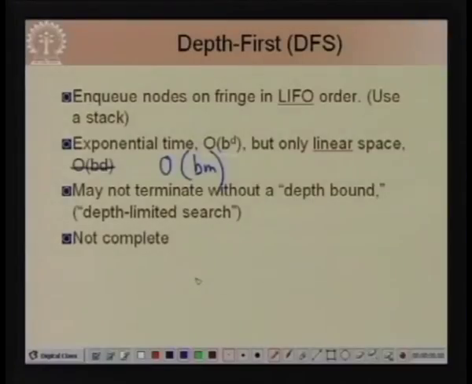So one advantage of depth first search is that it only takes linear space. However, the other characteristics are not that good, in the sense that it is not complete. It may not be able to find the solution if the search tree is infinite, and when it does find a solution, the solution may not be an optimum solution.